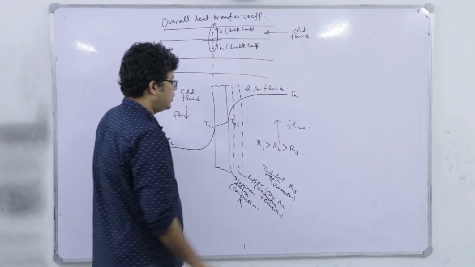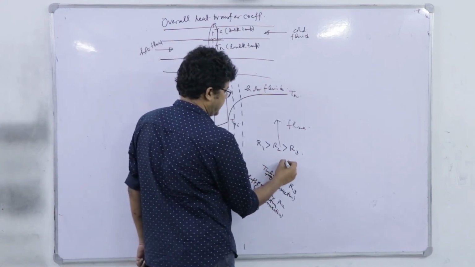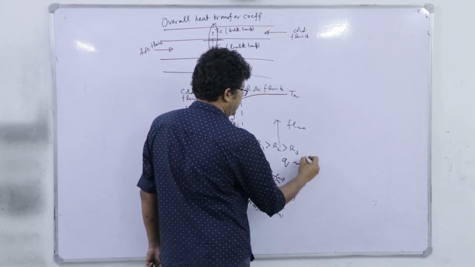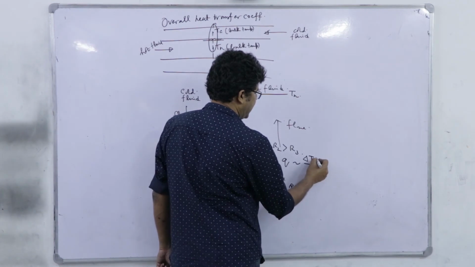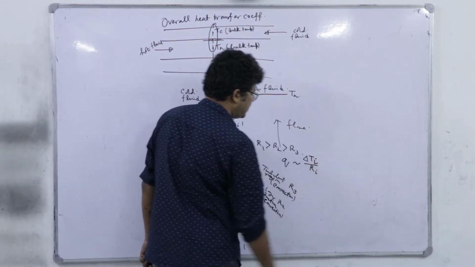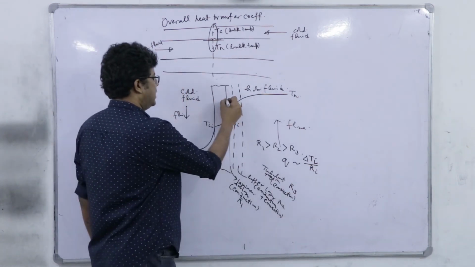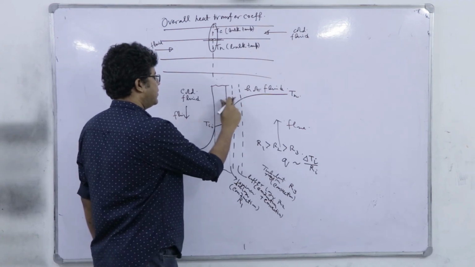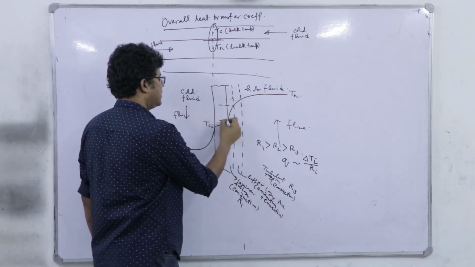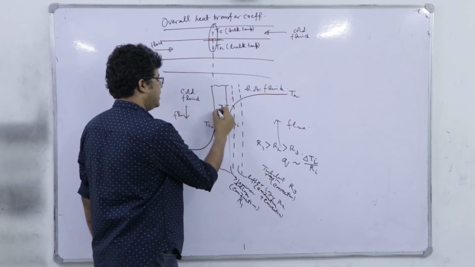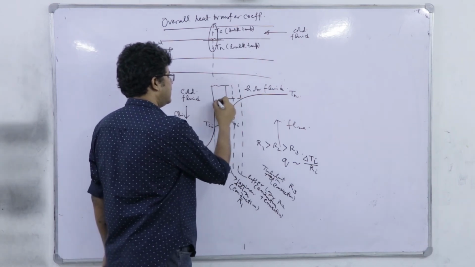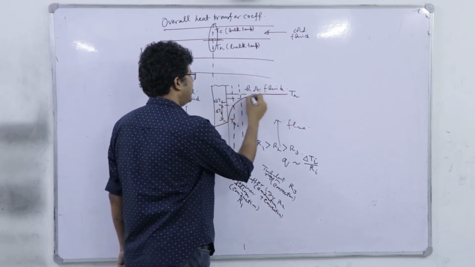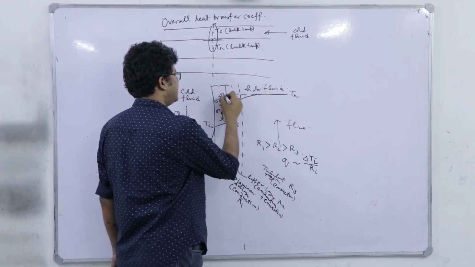Now, the rate of heat transfer or heat flux Q is proportional to respective temperature difference, delta Ti, divided by Ri. So, here let us say this gap or this difference is delta T1, this is delta T2, and this one is delta T3.